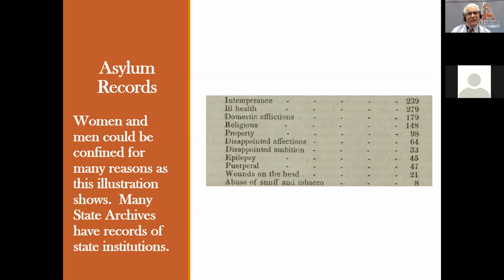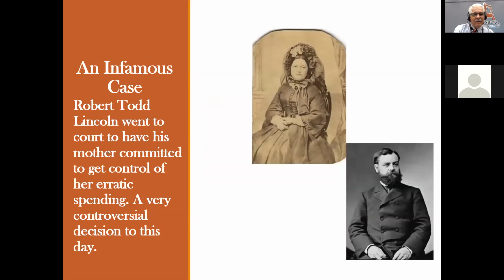I mean, they had some very strange ideas, but many state archives have records of state institutions. Some historical societies have them. So you should always check that out, because you just never know where some of your ancestors got to.